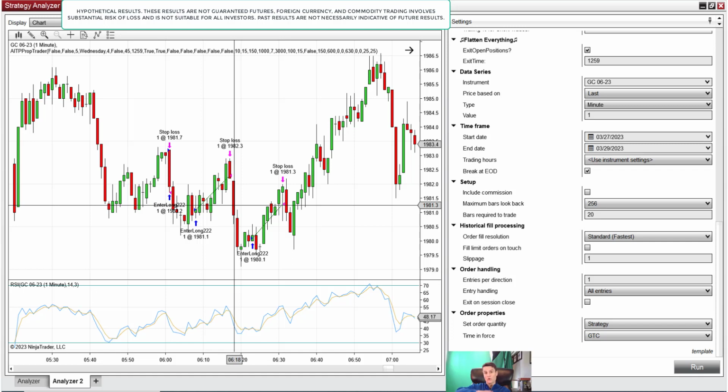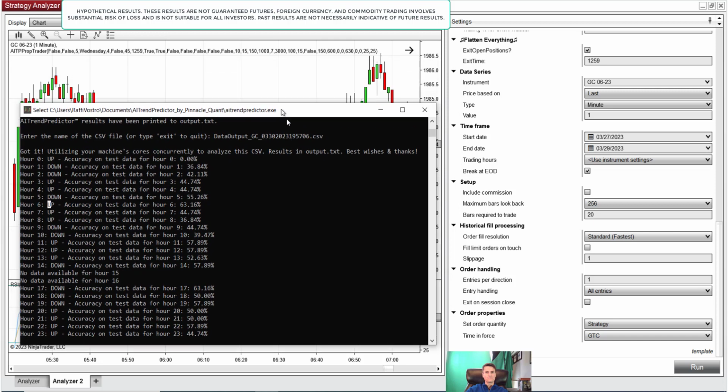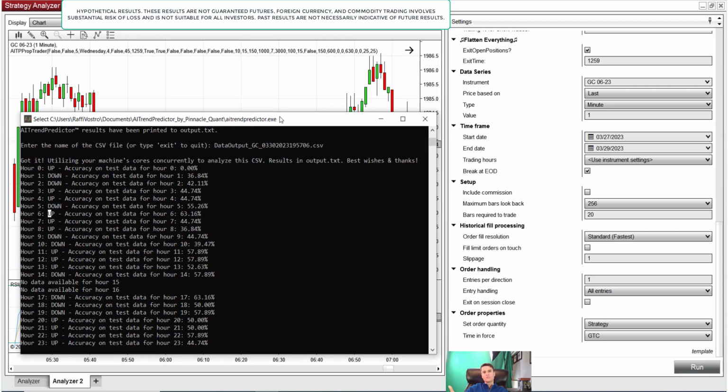No matter what happens, over time, with the tools I'm giving you right here, you're going to have an advantage. I'm using one of the best machine learning libraries in Python to make this prediction.